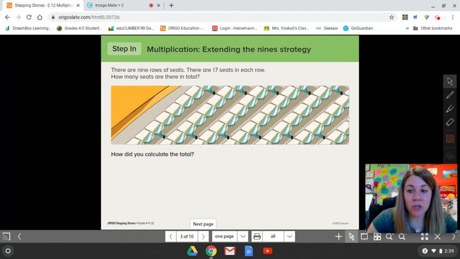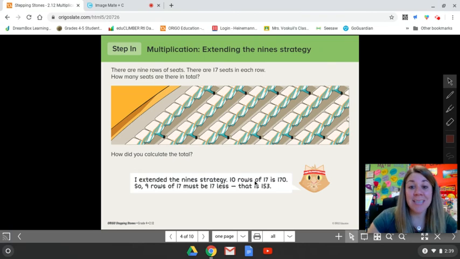All right. How can we calculate this total? Well, if we know there's 9 rows of 17 seats, let's think about 10 rows of 17 seats, which is 170. So then we just have to take a row of 17 away to get us to the 9 rows.